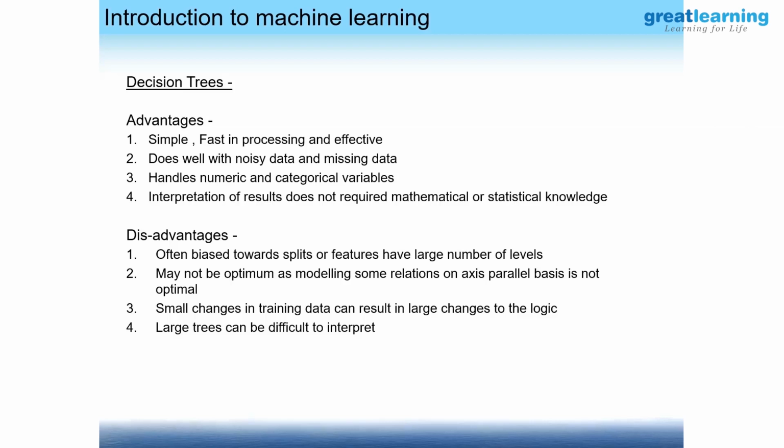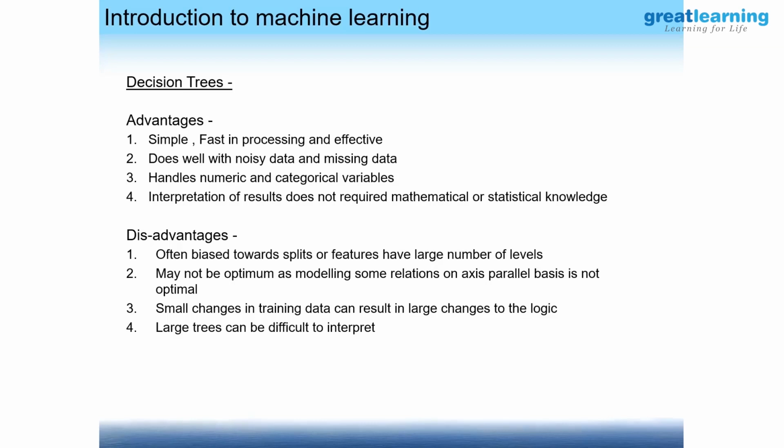It does well with noisy data and missing data. It treats missing data as another category. You don't need to process it. That it does well with noisy data is something I take with a pinch of salt, because this is what you will come across when you read books and articles, but none of the algorithms can really handle noisy data, honestly.